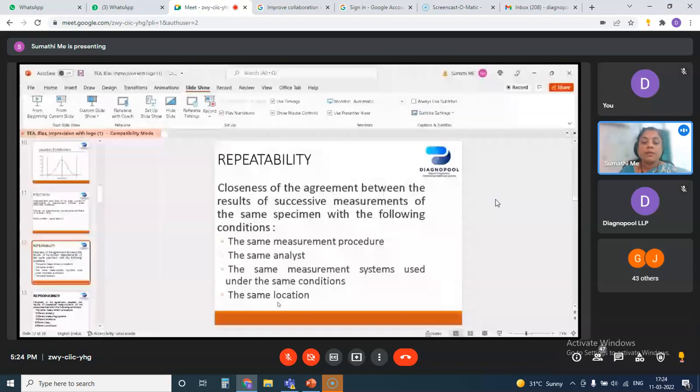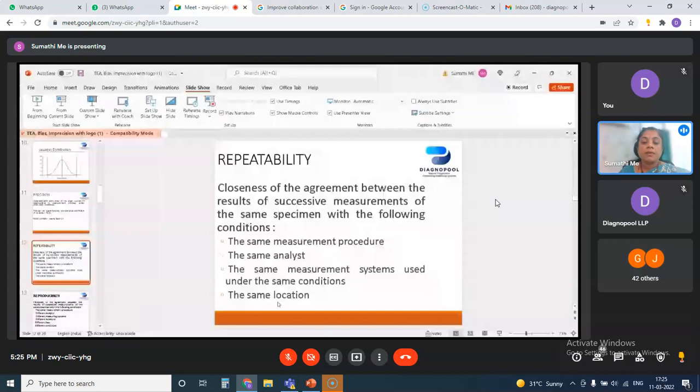The true value is either the target mean or the peer mean. For calculation, in terms of percentage, observed value minus true value divided by true value into 100 is your percentage bias. So hope the accuracy part is clear.